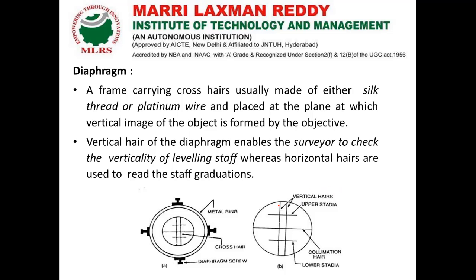In order to maintain the verticality of the leveling staff wherever we are going to see in the field, the staff, whatever we are going to see through the diaphragm, has to be in the exact vertical form. Then only can we read the reading correctly.